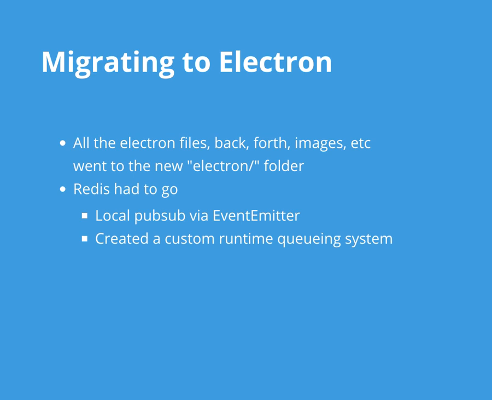So we had tasks that we generated, and we wanted them to be executed one by one. And we also used it for pub/sub. So pub/sub got replaced by the event emitter as far as the backend goes. And we created a very simple custom queuing mechanism to solve the other problem. And so Redis could get out of the stack.